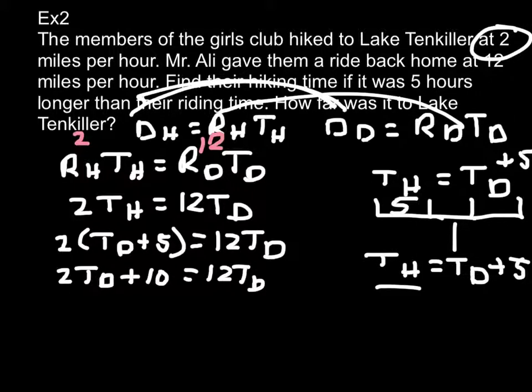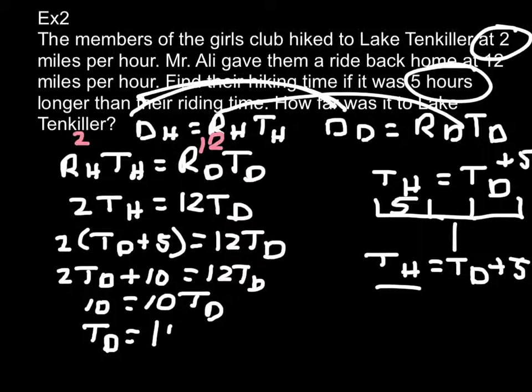Now I'm going to subtract 2 TD from both sides, so I have 10 equals 10 TD, right? Because I subtracted 2 TD from both sides. Now divide by 10. So the time driven equals 1. Now, what's our unit? Is it hours? Is it minutes? It's hours, so 1 hour. It took 1 hour to drive back.